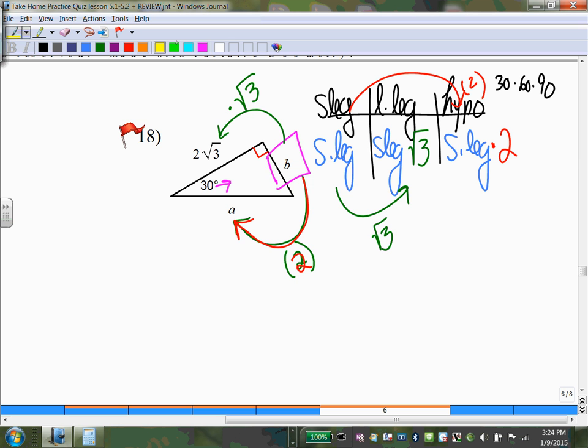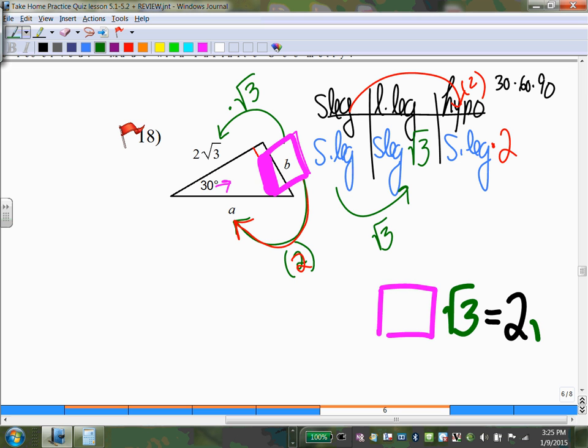So it reads like this. Something times root 3 is 2 root 3. You find the something.